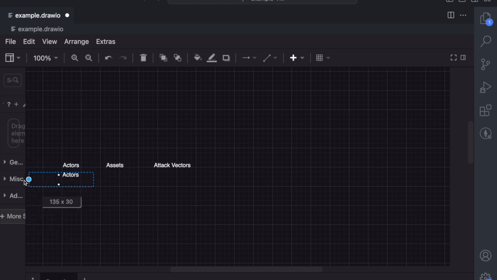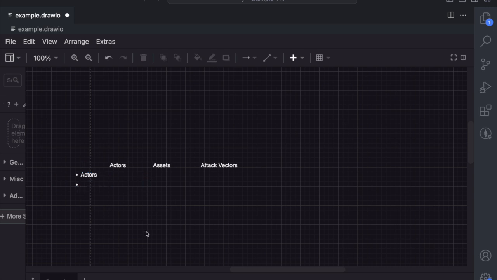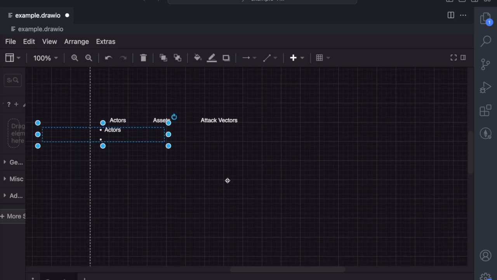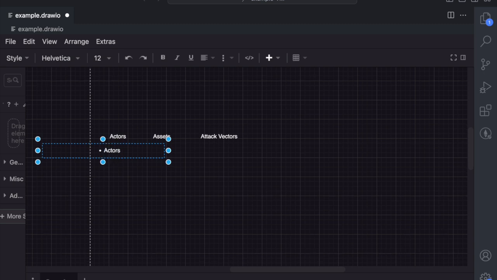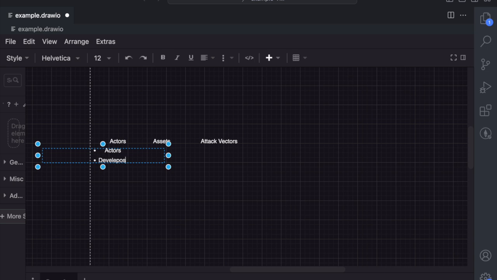Some fugly looking box, but it's okay. We're just doing this for simple visual purposes. So we have our actors, we have developers.